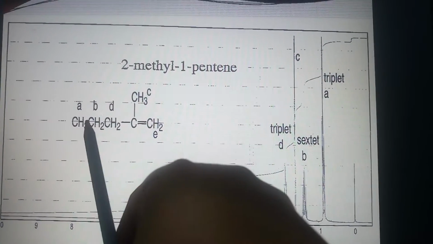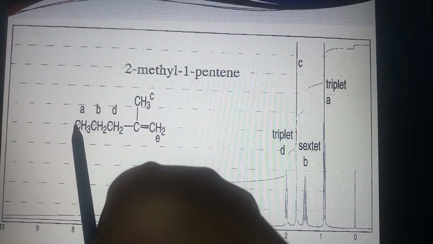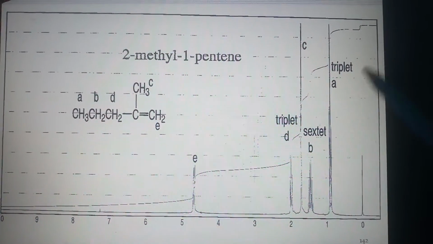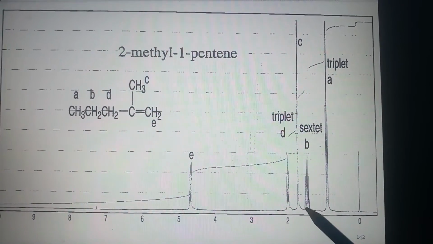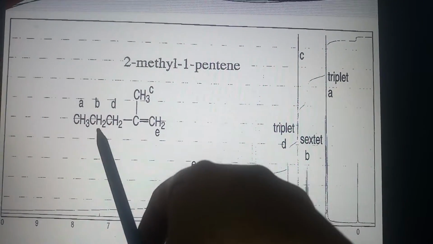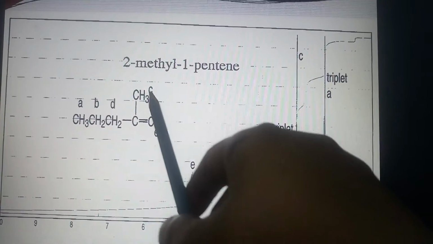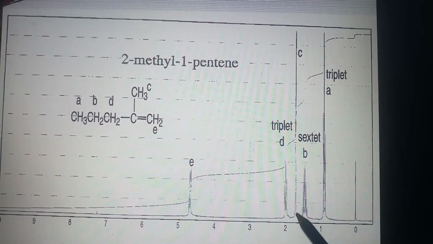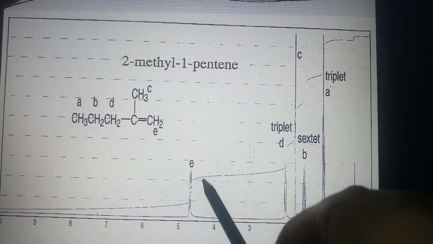Proton B, due to presence of 3 and 2, total 5 neighbors, will split into a sextet, and these two protons will appear as a triplet. These 3 protons will appear as a singlet, and these 2 protons will appear as a doublet.